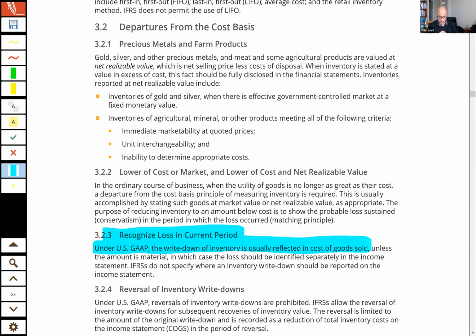I still credit inventory to write it down, but the debit goes to cost of goods sold instead of going to loss on inventory, which is a specific line item on the financial statement. So I would say that $1.50, we would just lump it into cost of goods sold. But then US GAAP tells us unless the amount is material, in which case the loss should be shown in a separate line item, then you would have to debit loss on the inventory item. Okay, so go ahead and flashcard that.